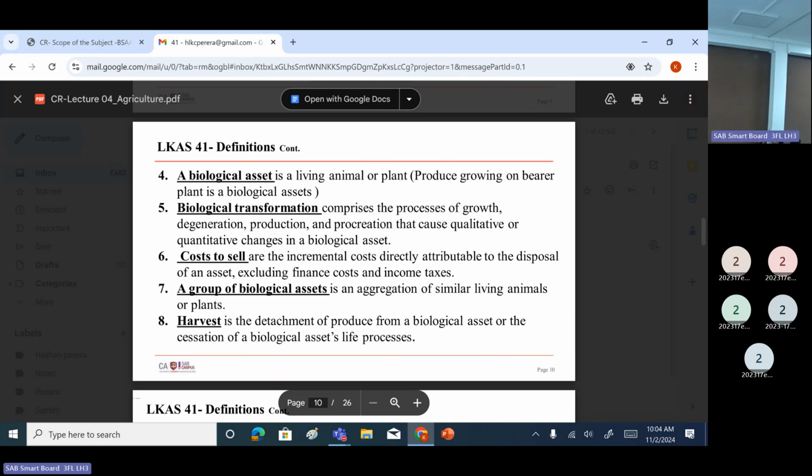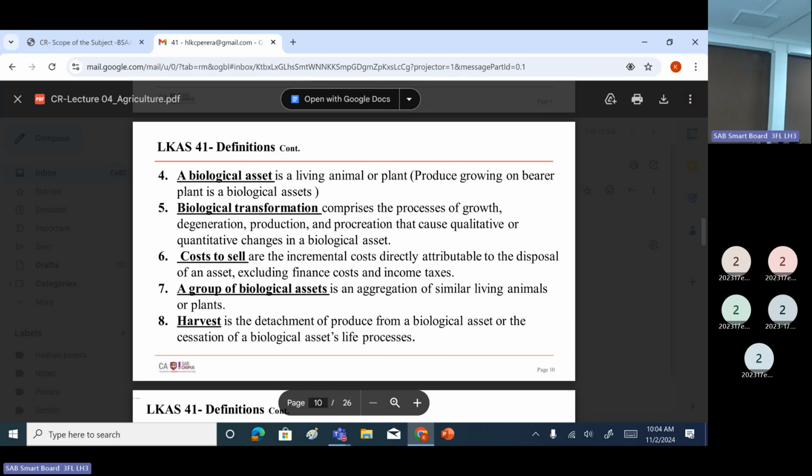I mean by that, whatever the biological asset, if you want to sell it, what are the additional costs you need to pay? That's called cost to sell. And there is the meaning, right? Cost to sell are the incremental costs directly attributable to the disposal of an asset, excluding finance costs and income taxes. So then it may be very clear.